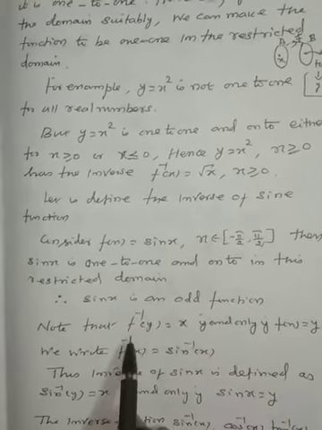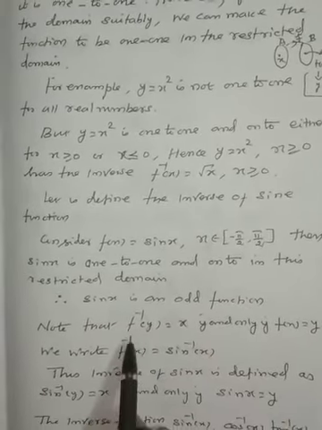Note f inverse of y is equal to x if and only if f of x is equal to y. We can write f inverse of x is equal to sine inverse of x. The inverse of sine x is defined as sine inverse of y is equal to x if and only if sine x is equal to y.